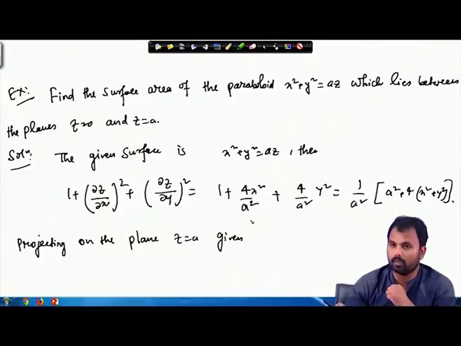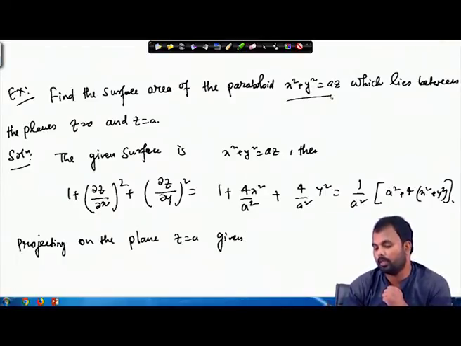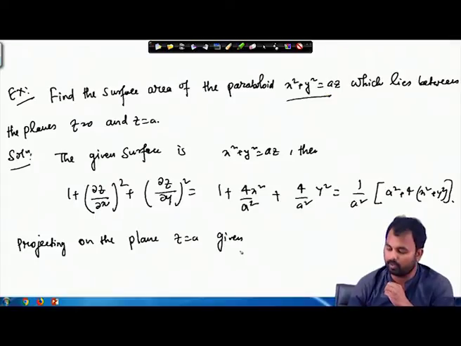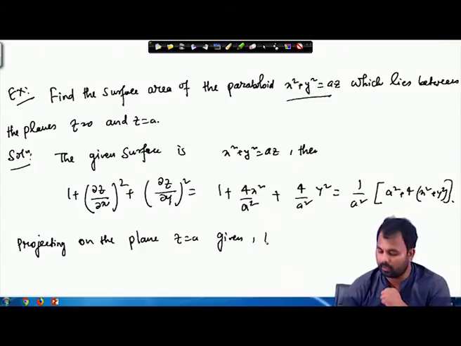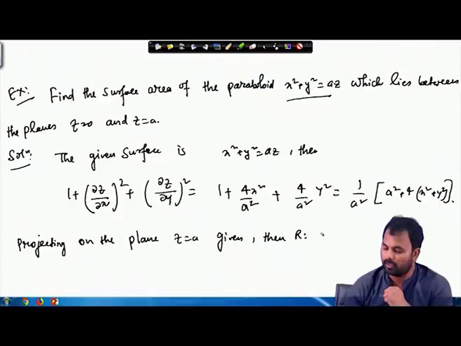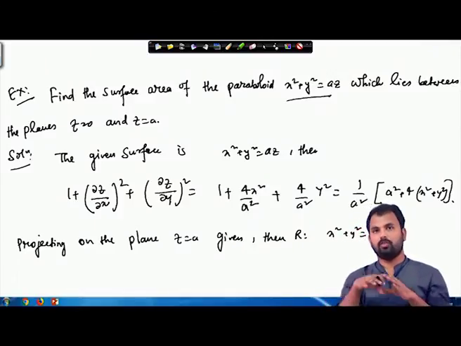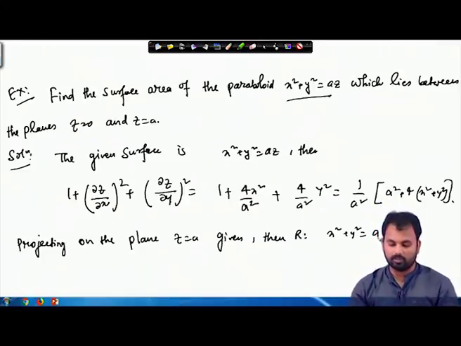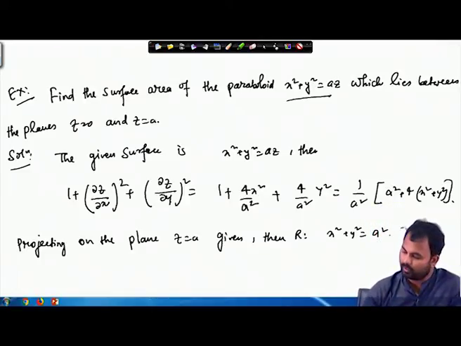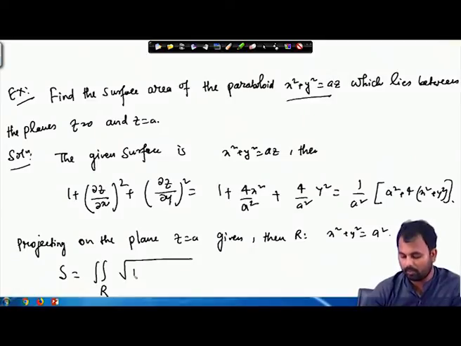So, if I project this on the plane z equals to a, then our region R will be x square plus y square equals to a square, because if you project the paraboloid like this, then on the xy plane it will basically be a circle, right. So, that's the circle we will obtain, and thus our surface area will be integral over the region R. We are taking the projection on the xy plane.